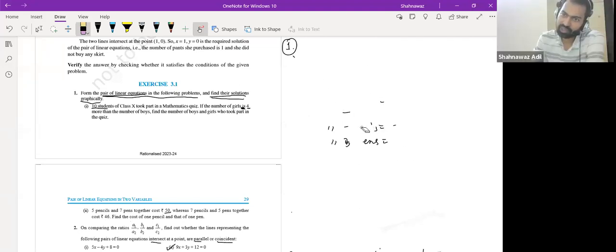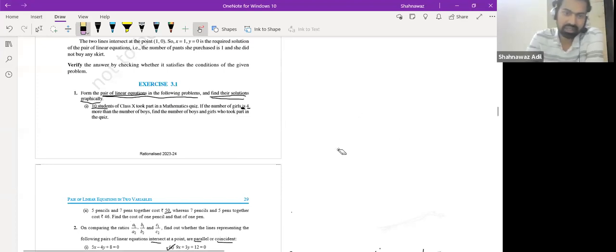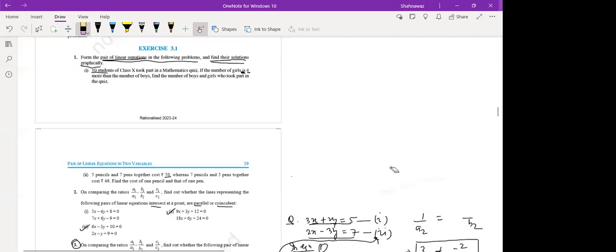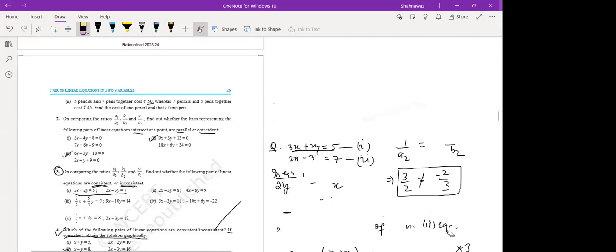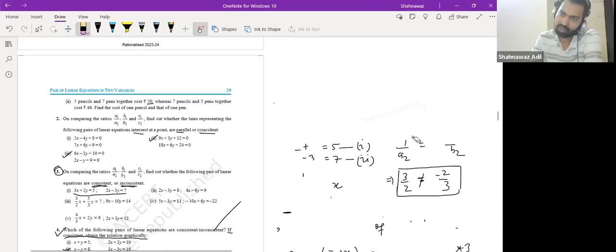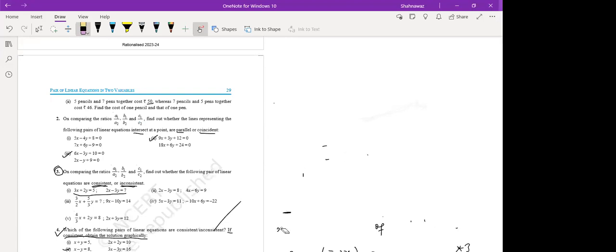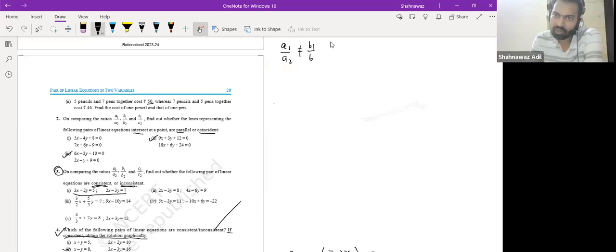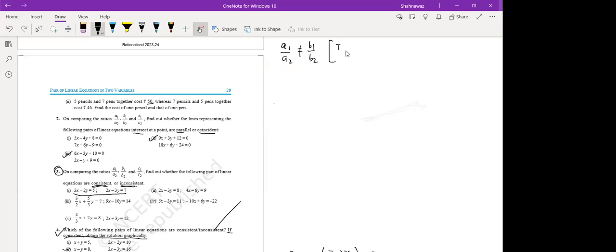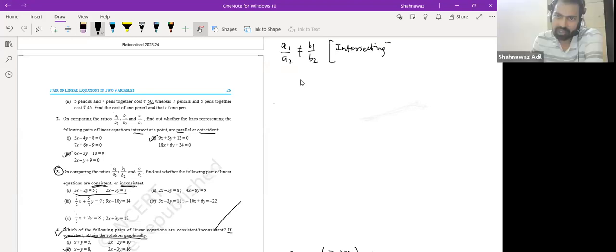So the next question is about comparing the coefficients and then telling whether the lines are intersecting, parallel, or coincident. This we have already done. So let me write the results there. A1 by A2 not equal to B1 by B2: this is intersecting.